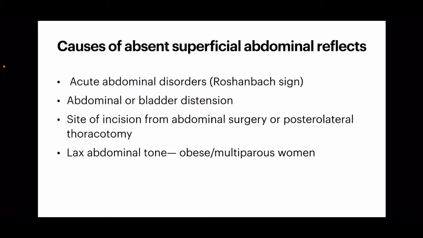So these are causes of absent superficial abdominal reflex which are not pathology related to the nervous system or the pyramidal tract. It is due to some other problem, and that we have discussed now.